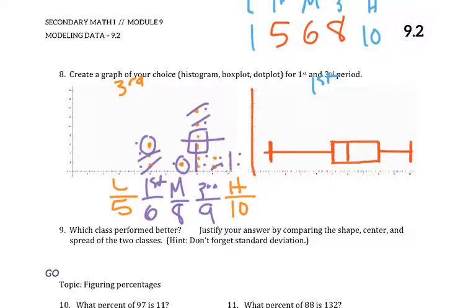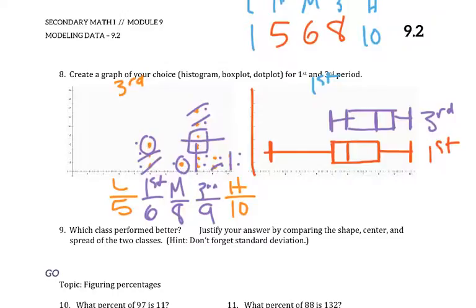If I were to make that a box and whisker, my low, my high, first quartile is at 6, median is at 8, and third quartile is at 9. When you compare them together, I think it's pretty easy to see that there's less variability in third period as opposed to first period.